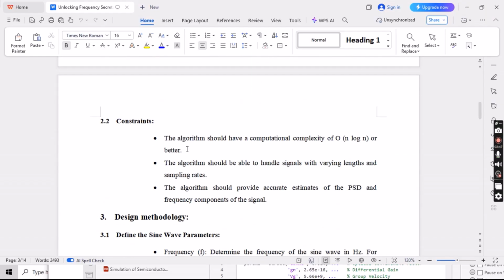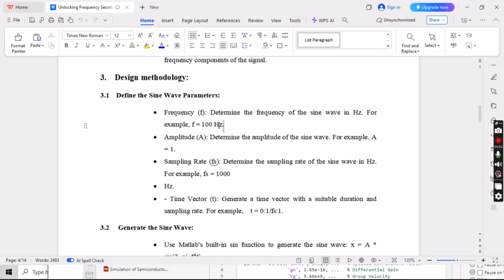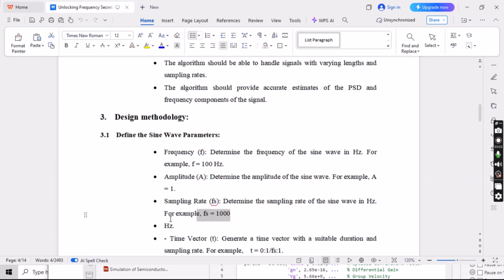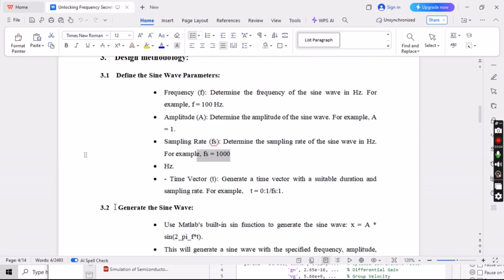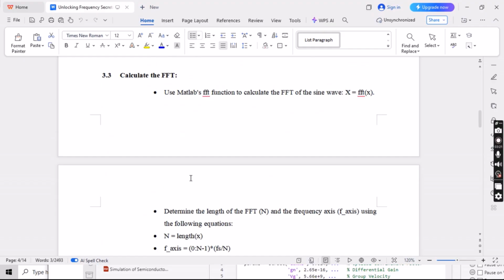Okay, these are the constraints we have added, and the design methodology, like we use a 100 hertz frequency. Sampling frequency is basically 1000 hertz, and the time vector is 0 to 1 with steps of 1 over the sampling frequency, the sampling rate.